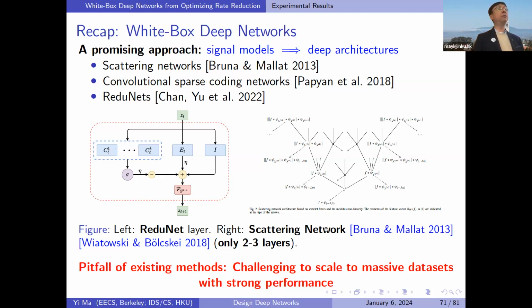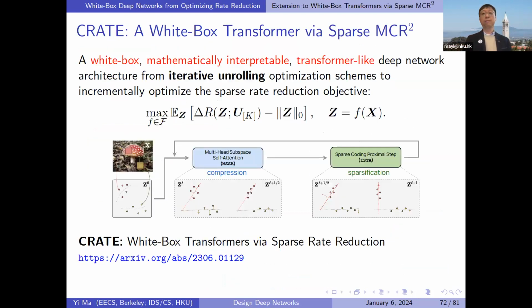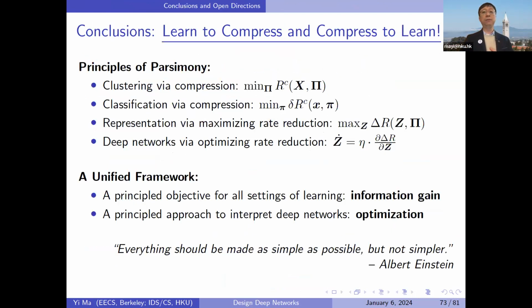There's also the scattering network, using wavelets to build those operators to achieve invariance and build deep networks. Again, it's very expensive: you can build two or three layers and the number of filters explodes. Although in ReduNet the number of filters stays constant, each one is very expensive to compute. If the resolution is high, those matrices are very hard to invert. That leads us to the recent work that Sam will talk about, how to make this scalable.